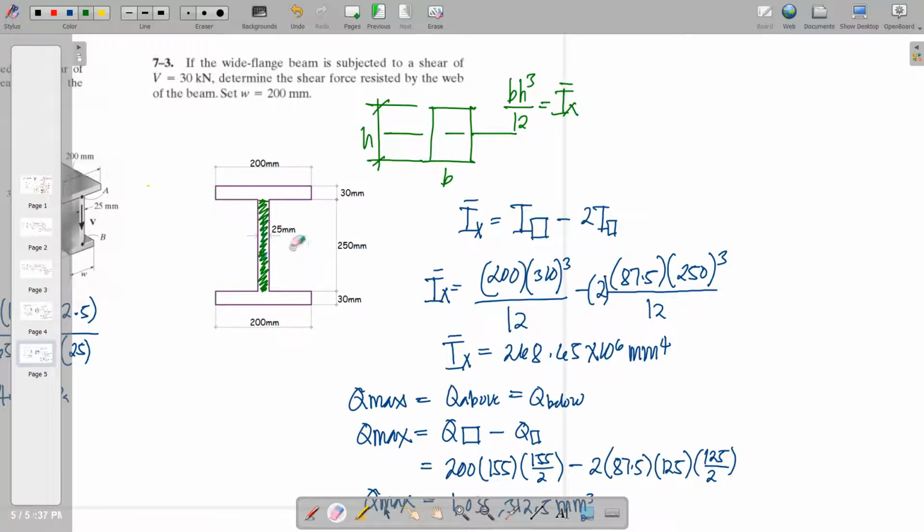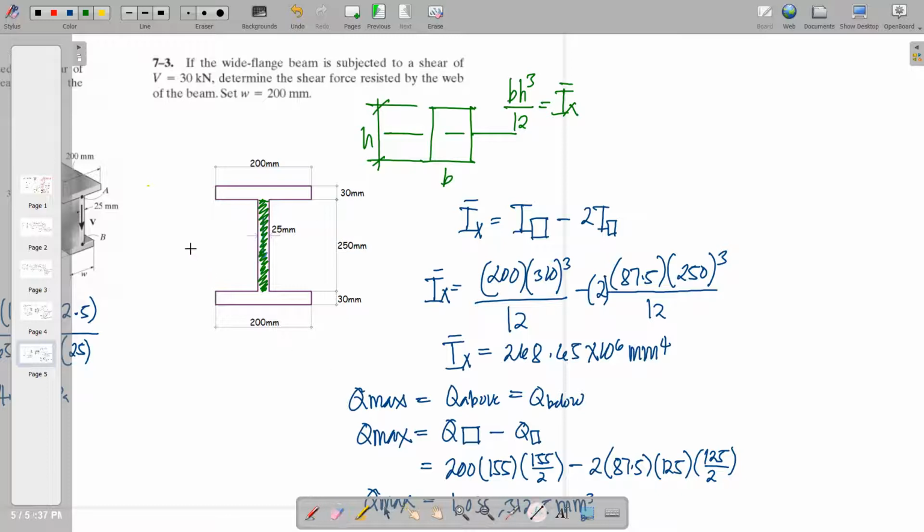First, we consider a value or a range of y within the web, and we can extend our y from the neutral axis up to the flange.